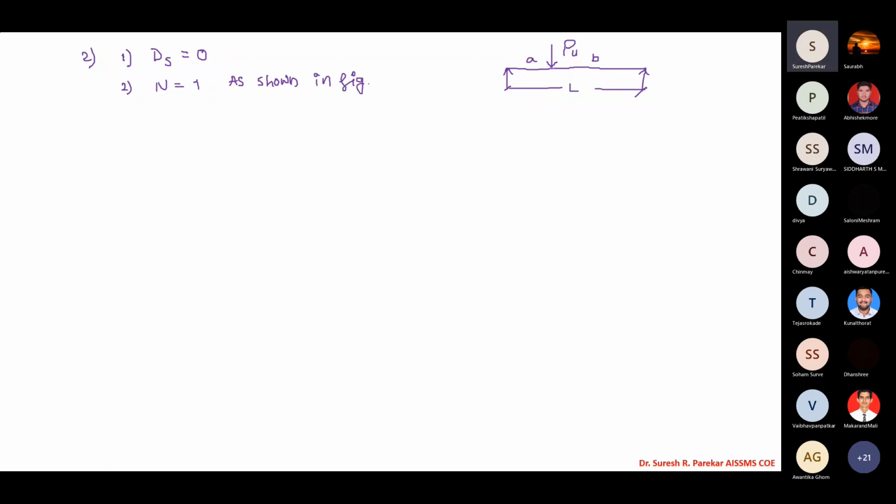Then third we have small n, which is DS plus 1. DS is 0, 0 plus 1. So we have 1.